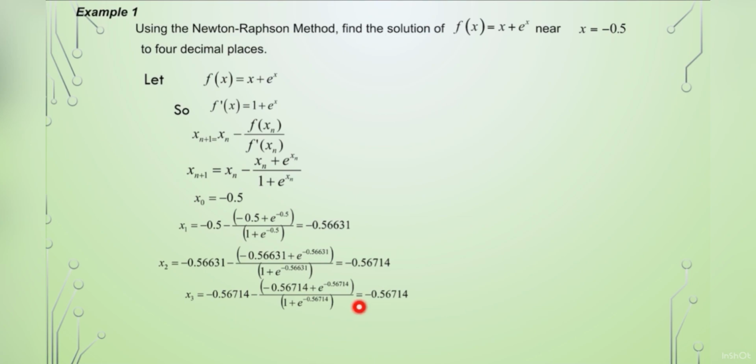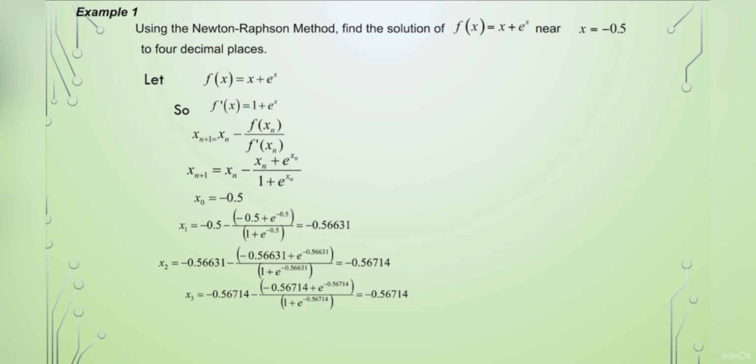So we have -0.56714. Whenever we change the values for x2 and x3 to 4 decimal places, we have for x2 is -0.5671, and the x3 also changed to 4 decimal places.